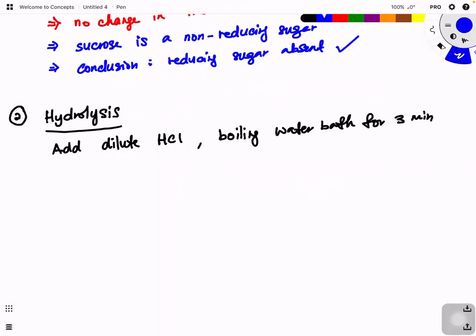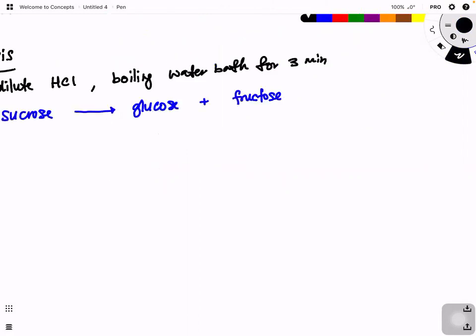Sucrose is hydrolyzed into glucose plus fructose. So the ring structure of glucose can now turn into a non-ring structure. With the carbon here, and because it's alpha glucose, below the ring, the C double bond O is still here. Can you see that non-ring structure?